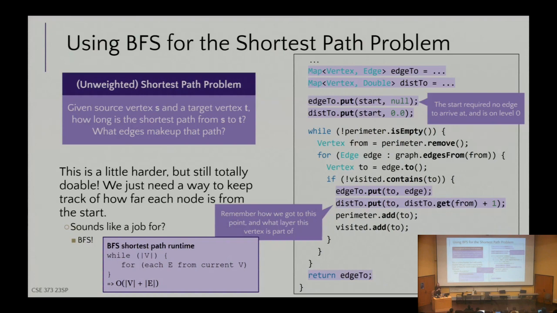So the distances are dictated when I'm standing on, let's say, source, and I'm looking at my immediate neighbors. Those will initially be put into the graph with source as the edge from and 1 as their distance. And then their neighbors would be, like if it goes source and then a vertex A and then a vertex B is the neighbor of A, B's edge 2 would be A and its distance would be 2.